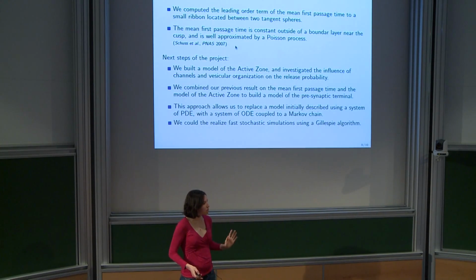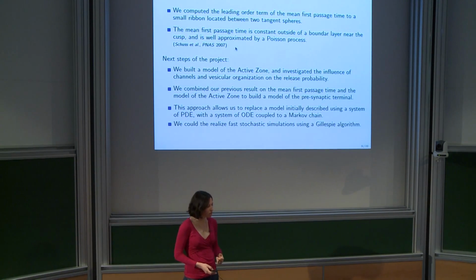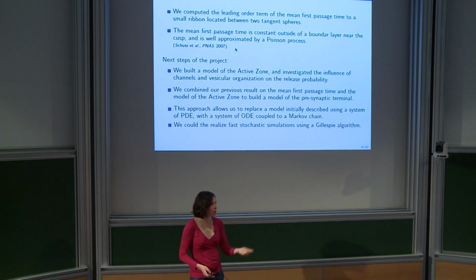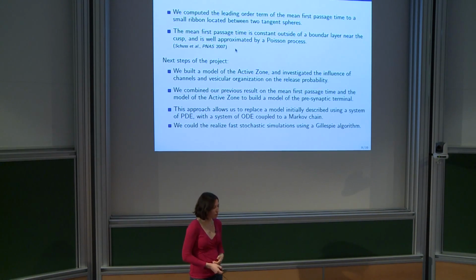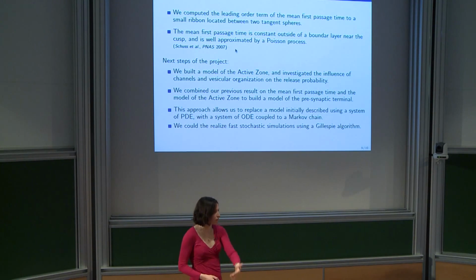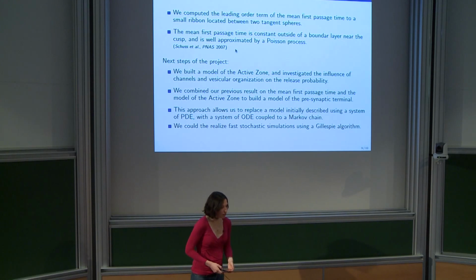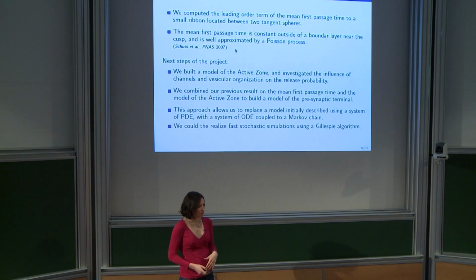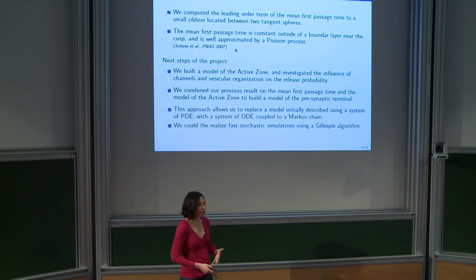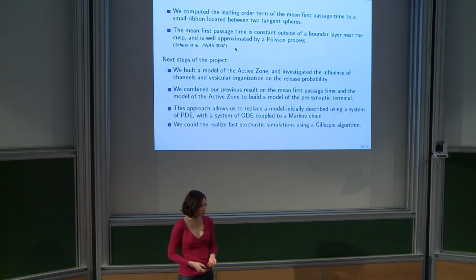I can at least use a Markov chain for what's happening because it's constant. It doesn't depend on the position, so it doesn't depend on the time. And it's what we did in the following of this project. I wanted to show you this because it's the very first step, but everything goes on after that, because we could show that the mean first passage time is independent of the position and that this time is Poissonian.